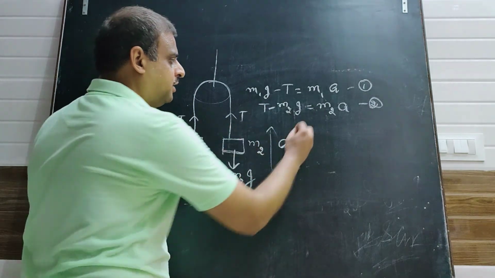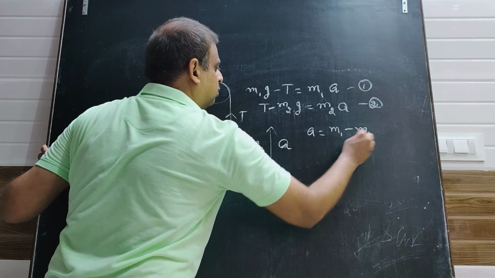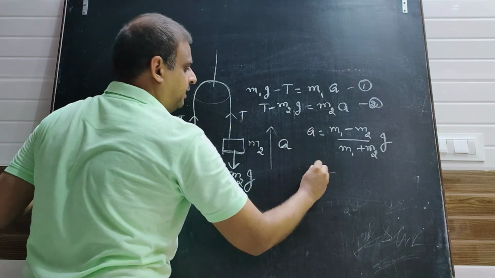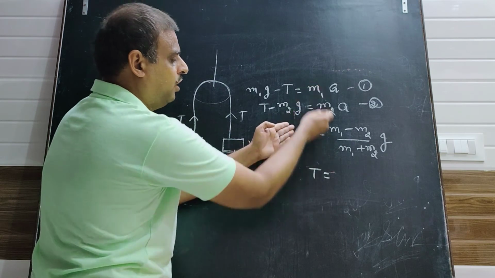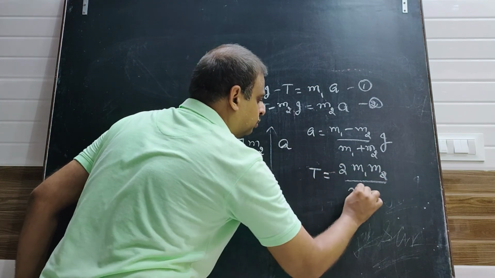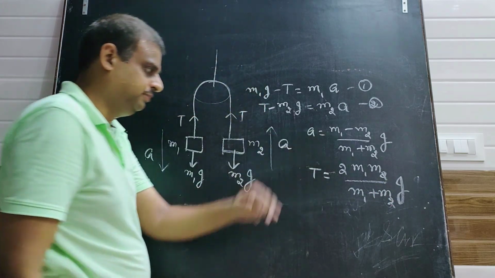Add these two equations, you will get the value of acceleration m1 minus m2 upon m1 plus m2 into g. Put the value of a in 1 or 2, you will get the value 2 m1 m2 upon m1 plus m2 into g.